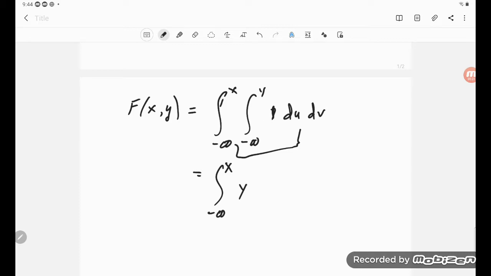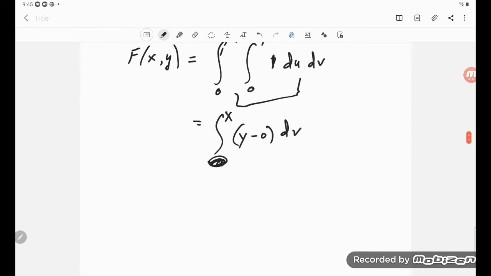Oh, I see what I'm doing wrong. I put minus infinity here, but actually, right, there's no support there. It's all 0 until I get to 0, so we'll use zeros there. Put a 0 here. So that is y minus 0. Whew, that was a close one. dv.